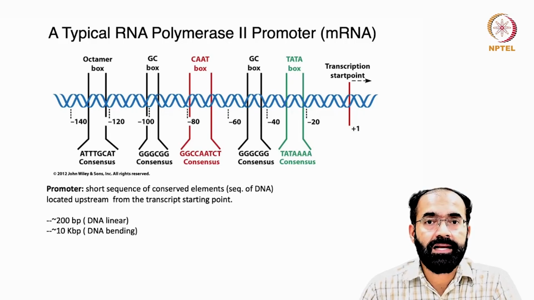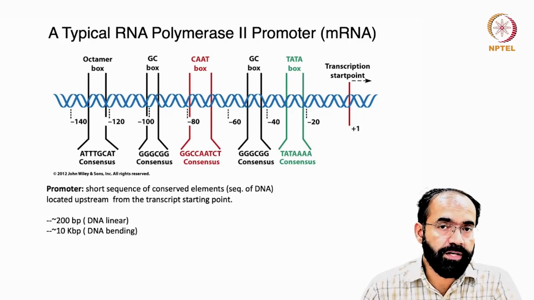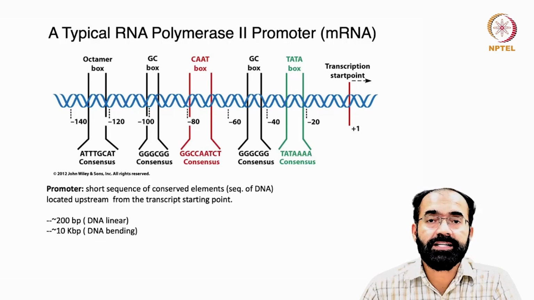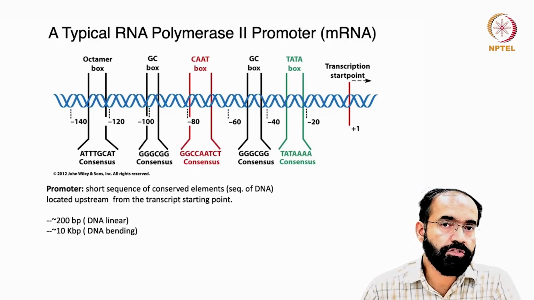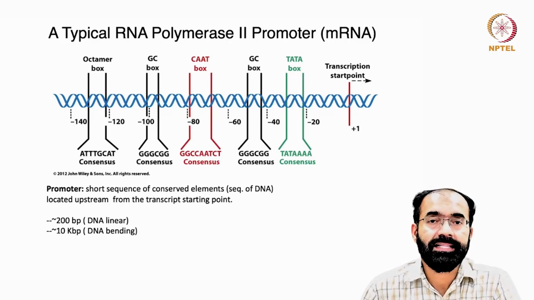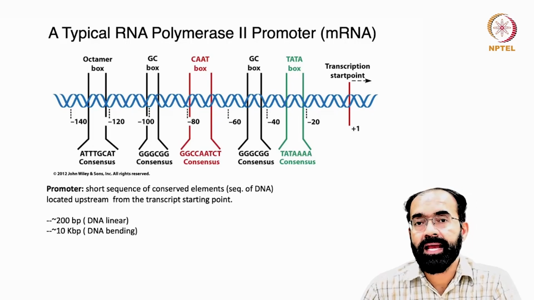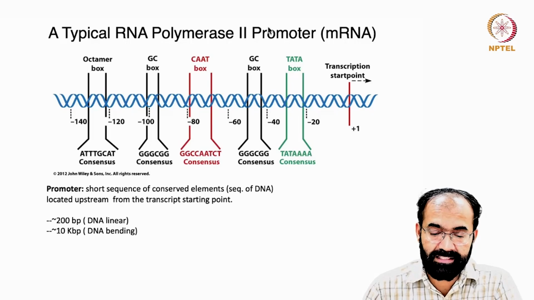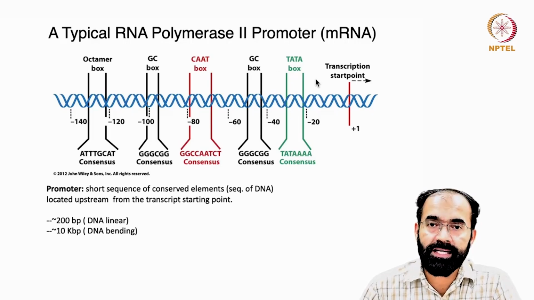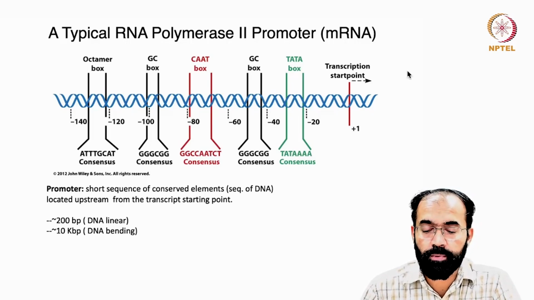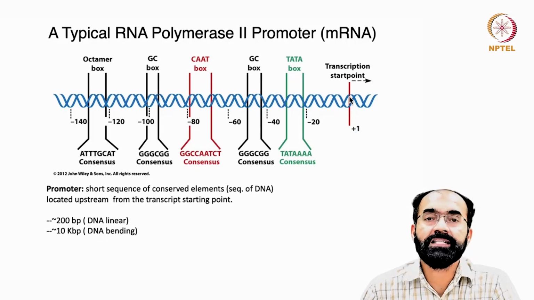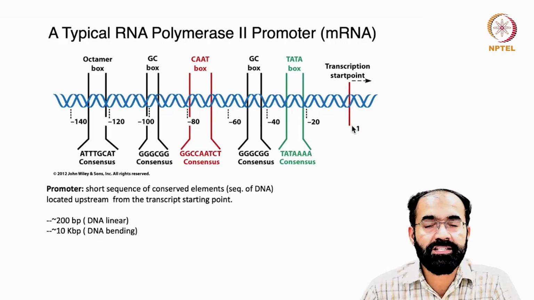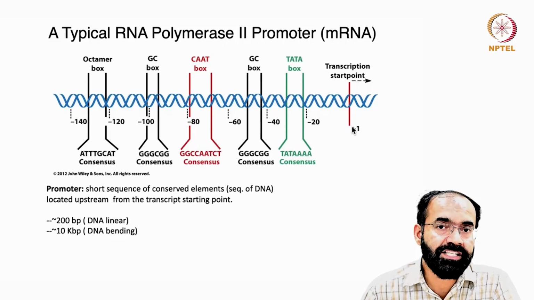So in a cell there are groups of proteins called specific transcription factors or tissue specific transcription factors that determine where a polymerase 2 should bind and start its transcription. If you look into a typical RNA polymerase 2 promoter, you can see a +1 sequence, which is the place where the transcription initiation happens.